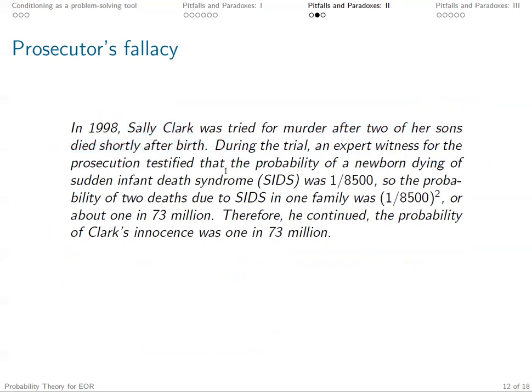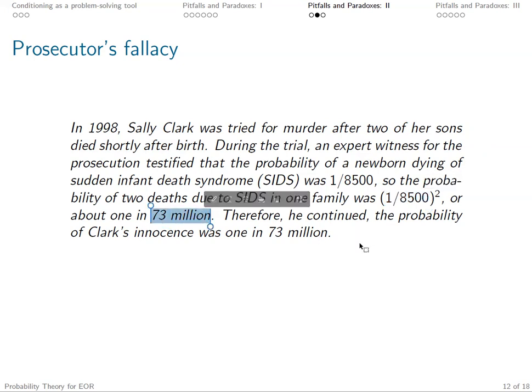During the trial, an expert witness for the prosecution testified that the probability of a newborn dying of SIDS was 1 over 8,500. So the probability of two deaths due to SIDS in one family, he went on, was 1 over 8,500 to the power 2, or about 1 in 73 million.